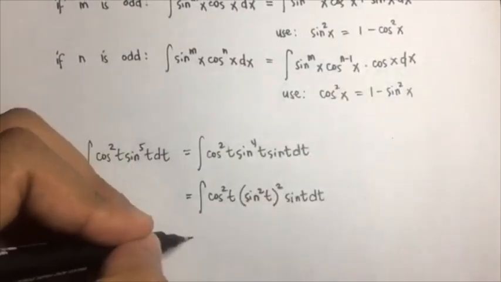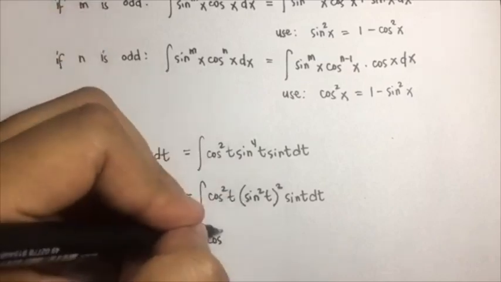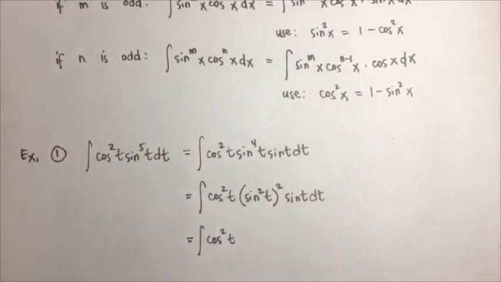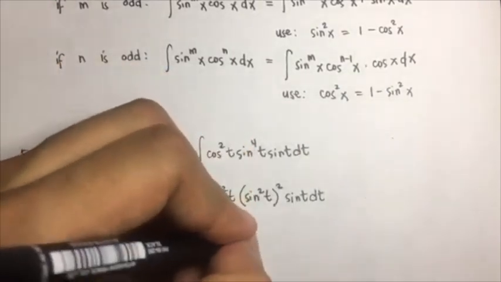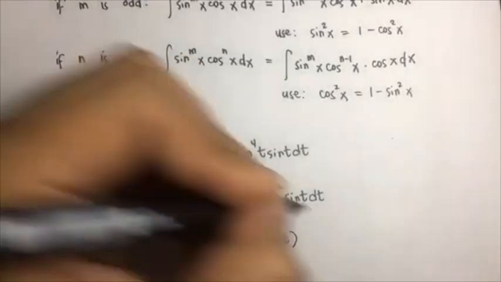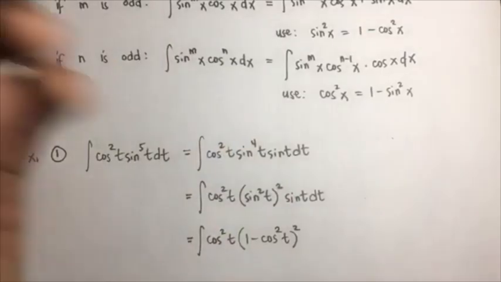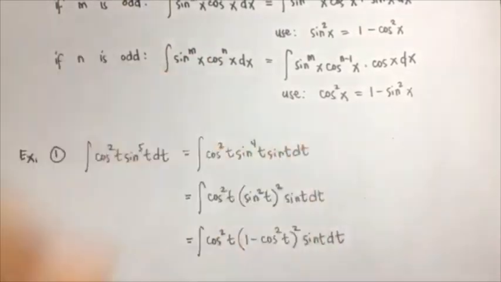So this will become the integral of cosine squared of t multiplied by, since sine squared of t is 1 minus cosine squared t, 1 minus cosine squared of t, squared, and then sine of t dt.